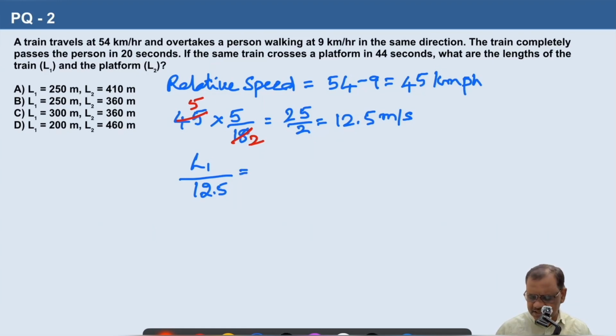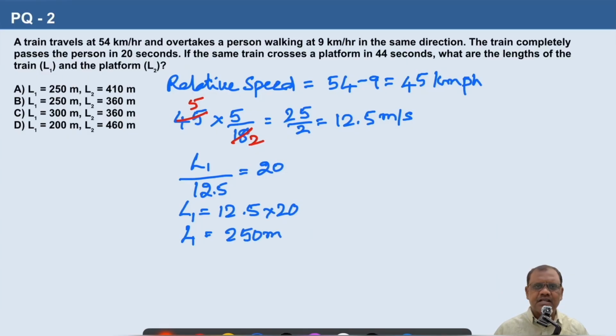So the time taken is 20 seconds. Now L1 is equal to 12.5 multiplied by 20. So how much is it? L1 is 125 into 2, 250 meters. So the length of the train is 250 meters.